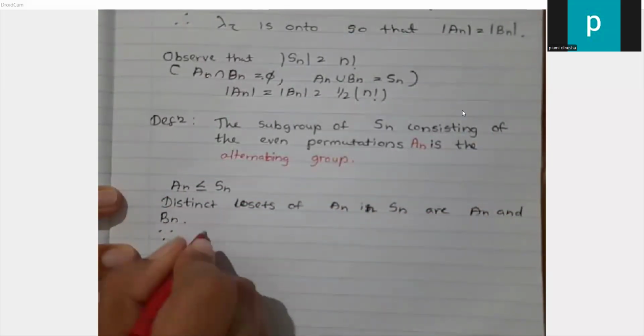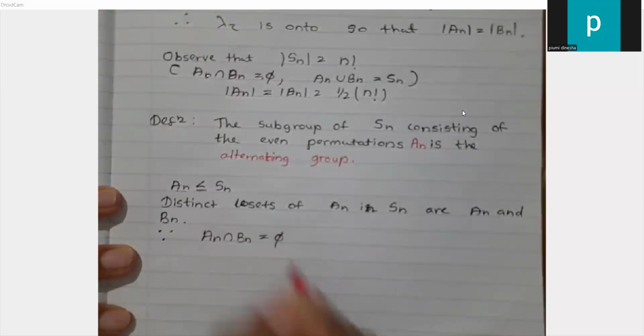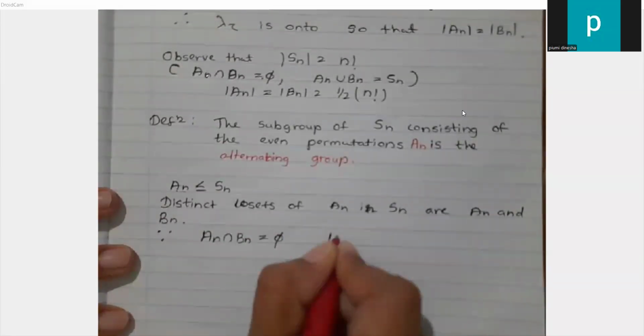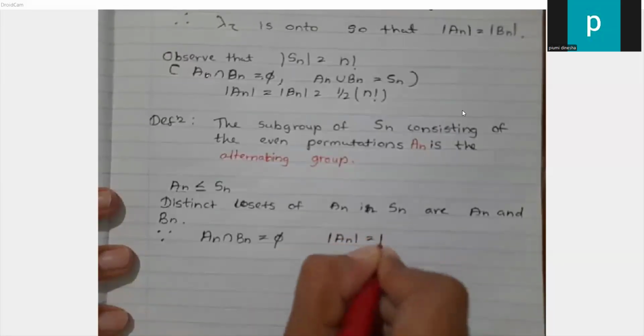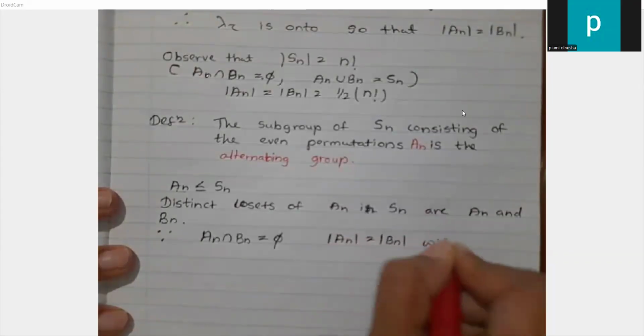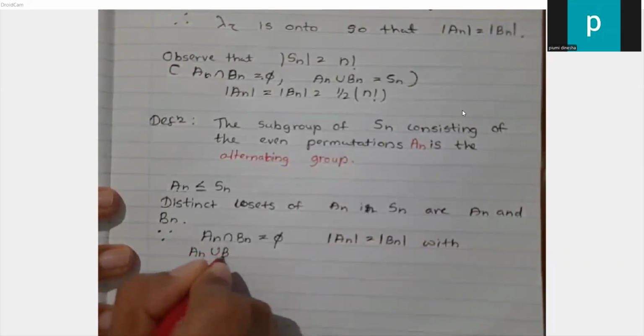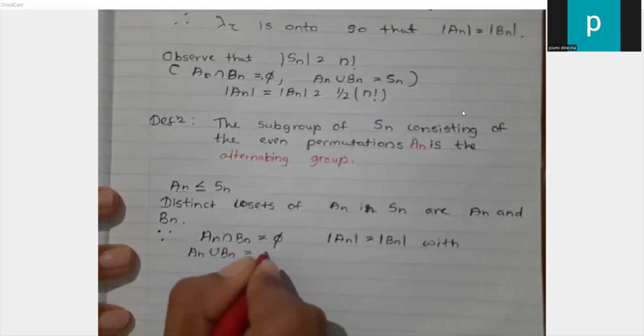This is because the intersection of An and Bn is empty, they are disjoint. There is no intersection. And the number of elements in An is the same as the number of elements in Bn. Not only this one, An union Bn is equal to Sn.